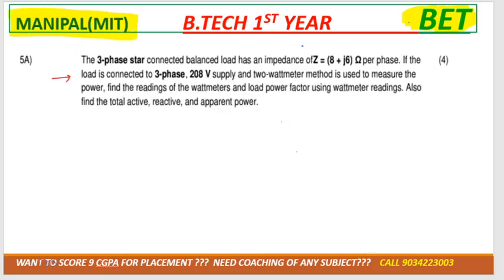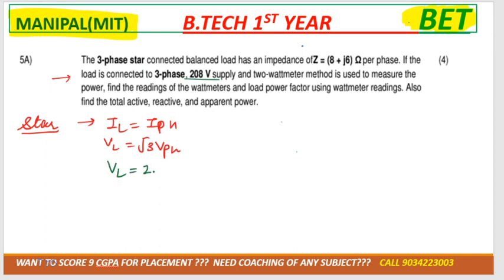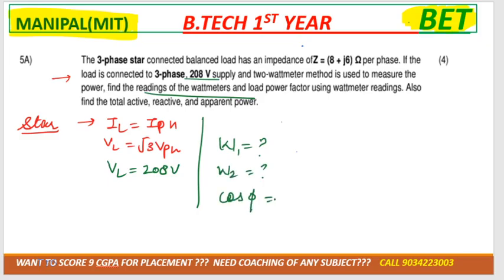So see, in this they said a three-phase star connected load. Whatever they have given, write it down. Star means line current is equal to phase current, and VL is equal to √3 VPH, right? And then the load is connected to this and VL is given as 208 volt. For the wattmeter, we have to calculate the wattmeter readings, means we need to calculate W1, W2, cos phi, right?